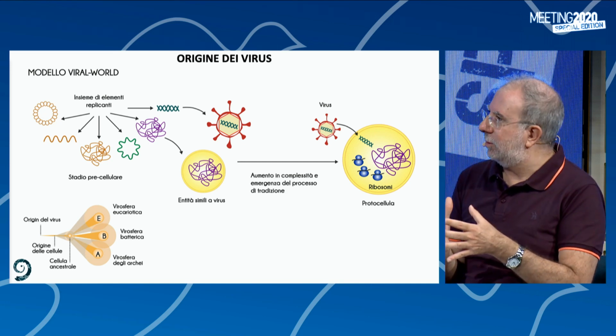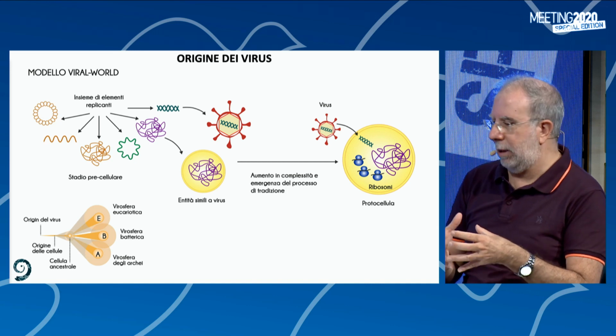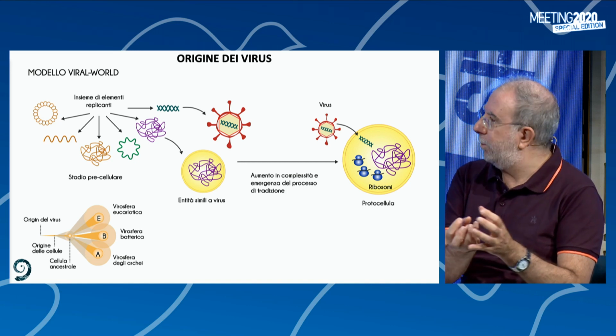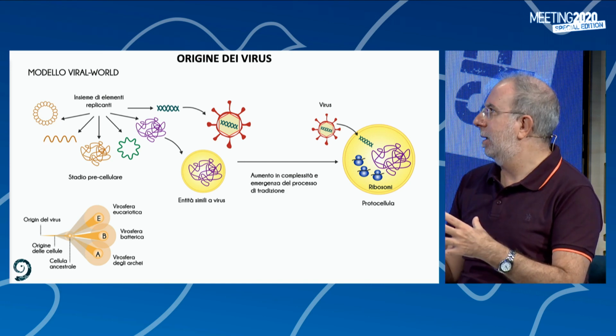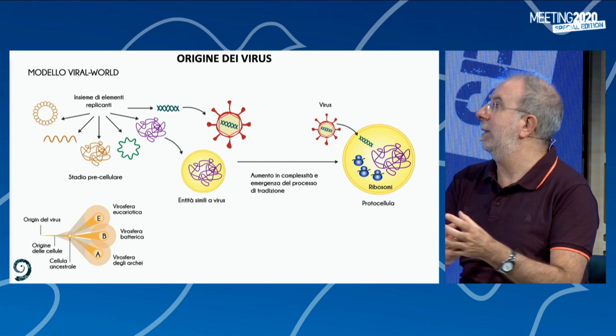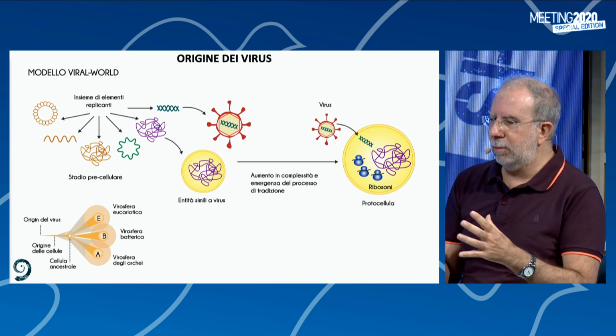According to this model, viruses existed before the cell because the protocell would be nothing but the development of the virus. So the virus becomes more and more complex and evolves into a protocell leading to other cells. So this is the first model on the origin of the virus. So there is the RNA, the virus, and the cell. The second model is that of viral regression.